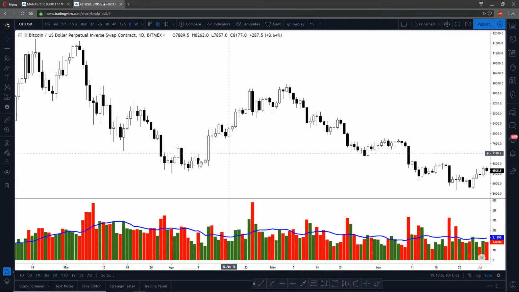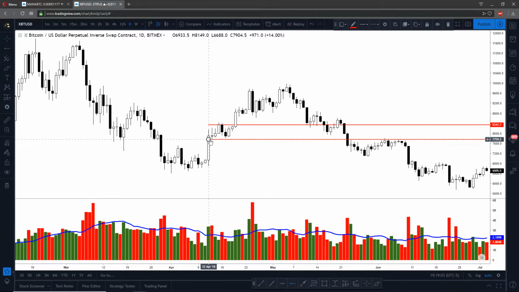So like for this one, you would have been targeting this flagging pattern here. You would have actually been targeting that high. You could have targeted the low. The high here. The low there.